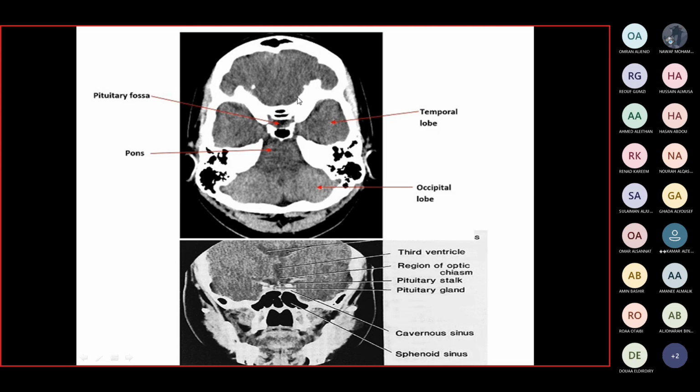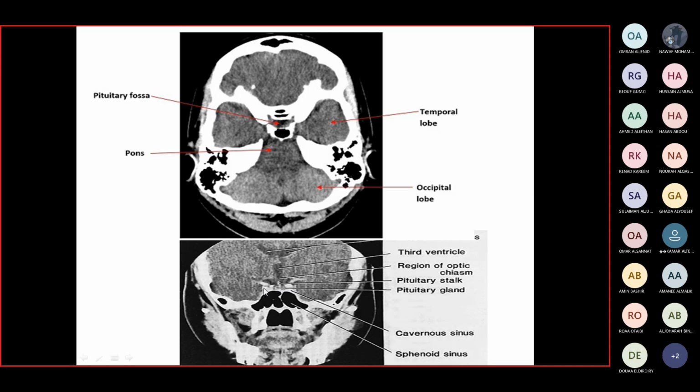This is the area of the pituitary gland, with the temporal lobe on either side. This is a CT axial cut, and this is CT coronal. This is the sphenoid sinus, and this is the area of the pituitary gland.